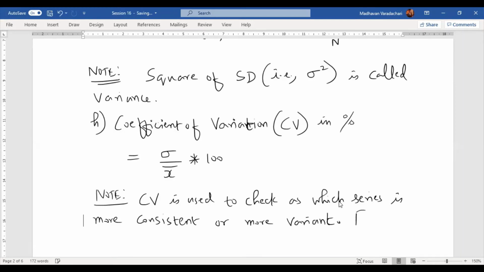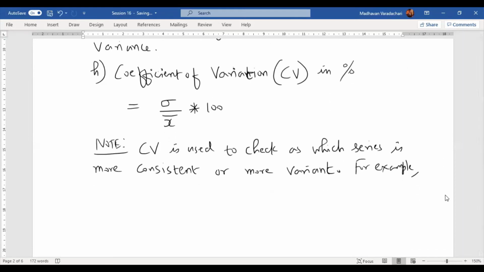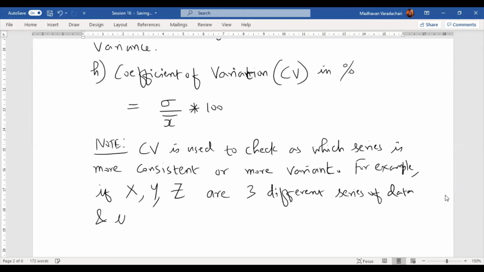So, for example, if X, Y, Z are three different series of data, and let us say we calculate coefficient of variation of X, and then you also calculate coefficient of variation of Y, coefficient of variation of Z. You calculate all the three using that data.